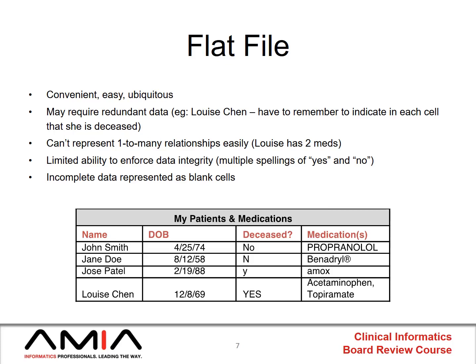And so I've tried to demonstrate that in this example with the multiple spellings of yes and no. Some people are putting this as lowercase y versus all caps yes. Because I've stored it as basically a text string, there's no consistency in how people are doing it. Another vulnerability of flat files is that if you have intentionally incomplete data, you basically have to represent it as blank cells.